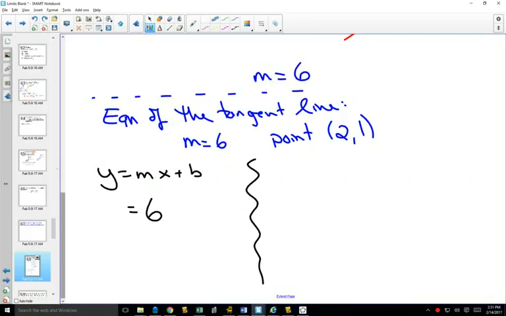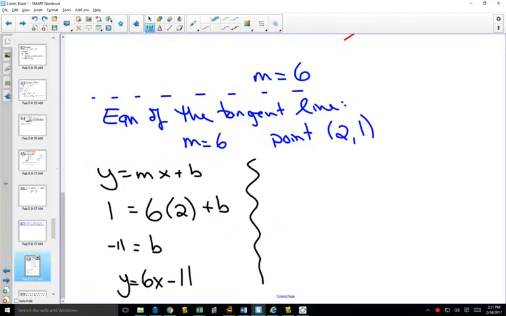And since you know that the point (2, 1) is on that line, you can plug in 2 for x, 1 for y, and you can solve for b. Solving for b will give you negative 11, so you know the equation of this line is y equals 6x minus 11. That's using the y equals mx plus b form of the equation of the line.